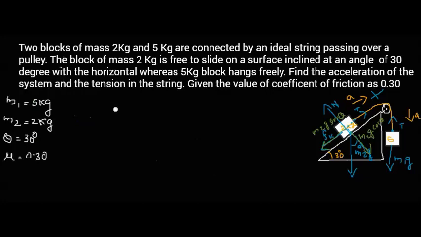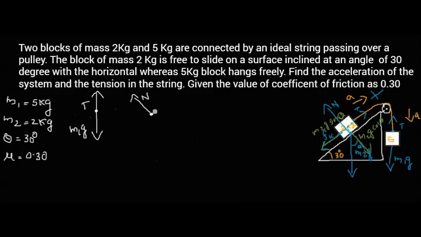Okay. The free body diagram of the 5 kilogram object, it experiences only two forces, that is m1g and the tension T, right? And when we are taking the second object, we took the coordinate system in this manner, so the normal reaction is acting along this direction, right?